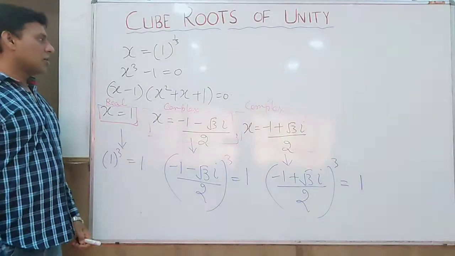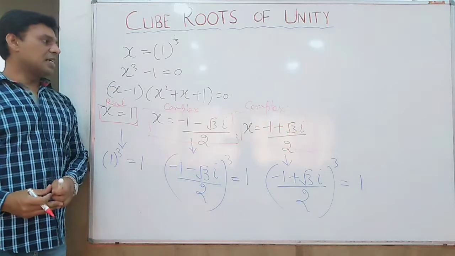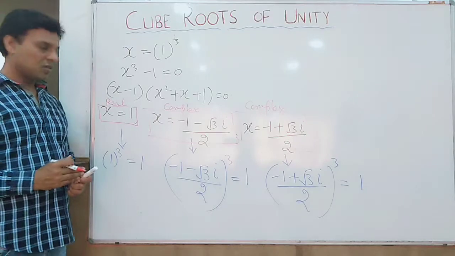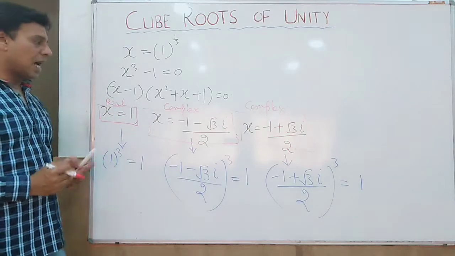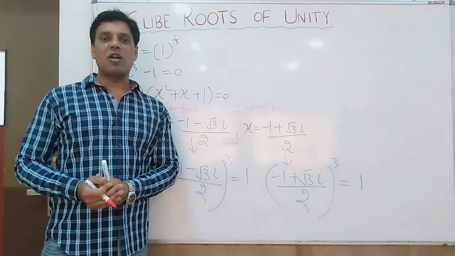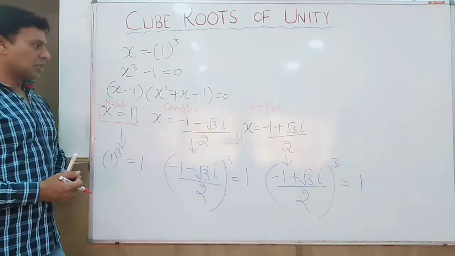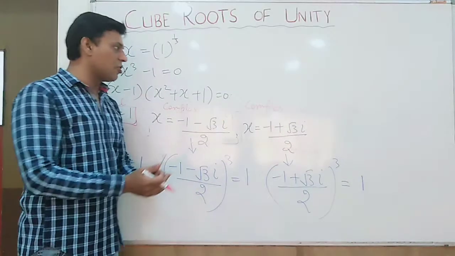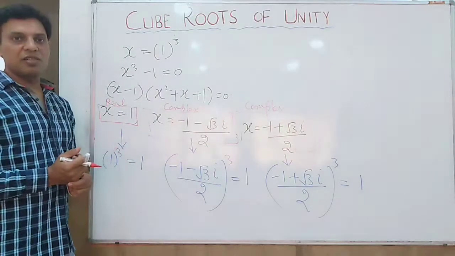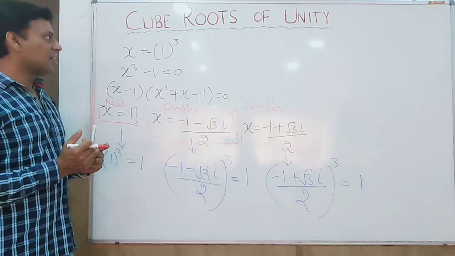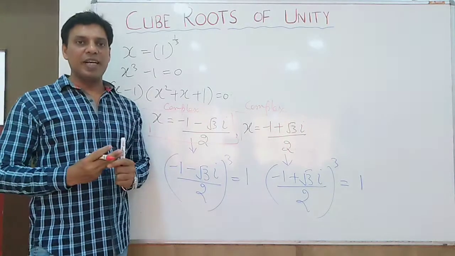So this equation has 3 roots. One is real and 2 of the roots are complex in nature. These 3 are the solutions of this cubic equation. So you can say there are 3 cube roots of unity.